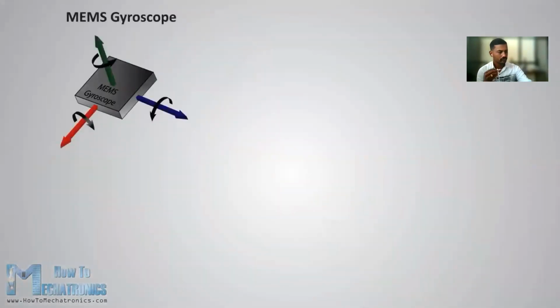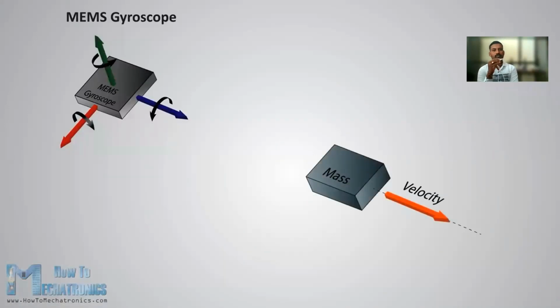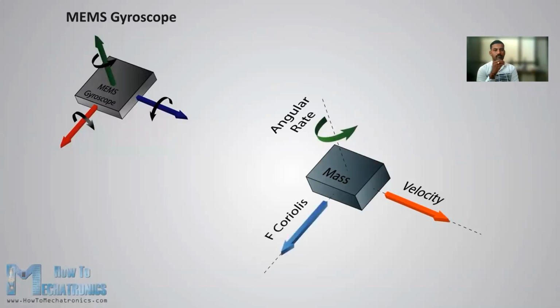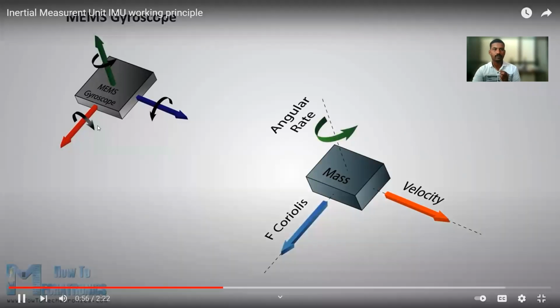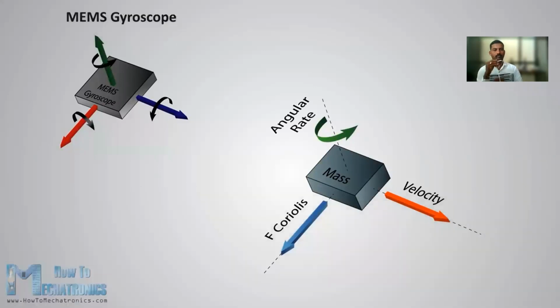Next is the gyroscope, which measures angular rate using the Coriolis effect. When a mass is moving in a particular direction with a particular velocity, and when an external angular rate is applied, as shown with the green arrow, a force will occur, as shown with the blue arrow, which will cause perpendicular displacement of the mass. Similar to the accelerometer, this displacement will cause change in capacitance, which will be measured, processed, and it will correspond to a particular angular rate.